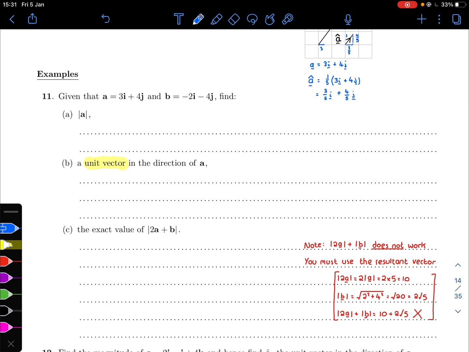Examples all about magnitude and unit vectors. We've got two vectors A and B. First of all, I want to find the magnitude of A. It's a 3, 4, 5 one, so we could go straight to the answer, but I'll show some working. Pythagoras gives an answer of 5.